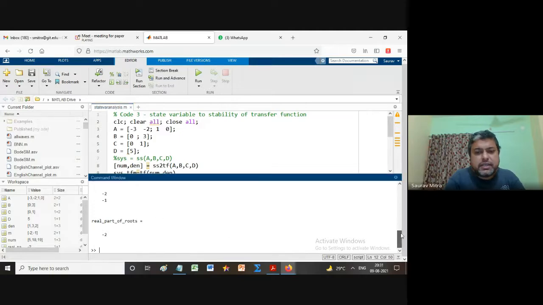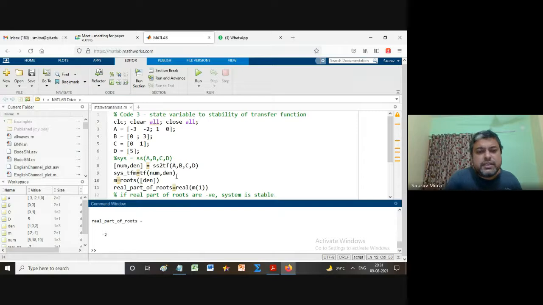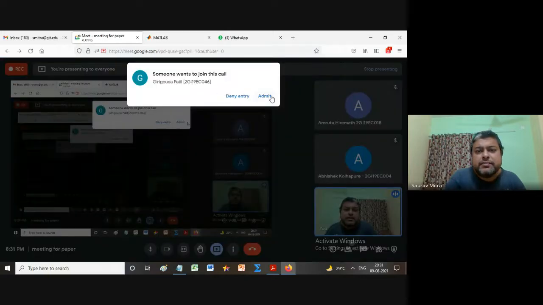So here actually there's a problem, because I had to find out the roots of the characteristic equation. There are two roots. In this case, I'm finding the real part of one root, root 1. So there are two roots, but I have found only one. Whenever there are two roots and both are real, there is no point finding the real part of it.